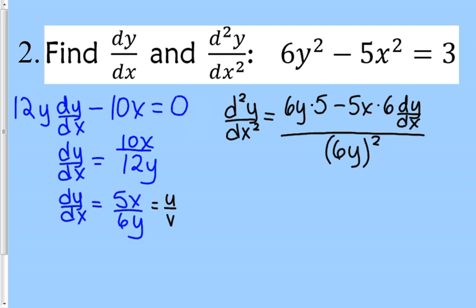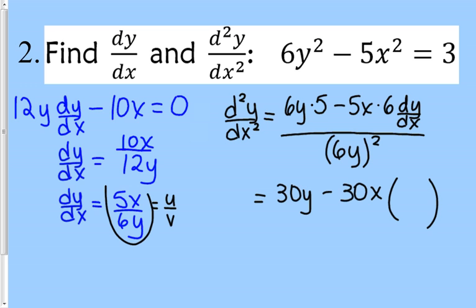Okay, so simplify a little. The 6 and the 5, that's 30y. The 5 and the 6, that's also 30, but x. And then dy/dx, I know what dy/dx is. You remember? Dy/dx is over here. It is 5x over 6y.